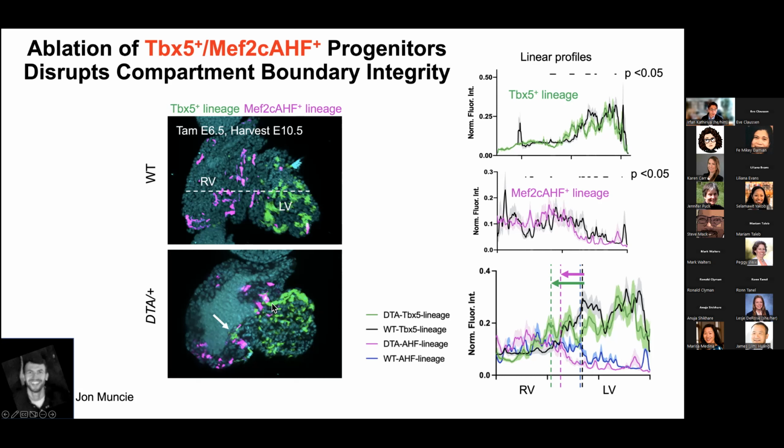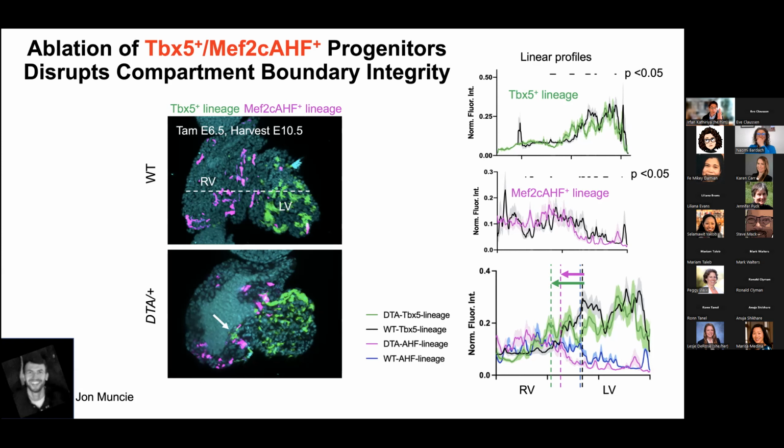And as well, the location of the magenta cells, they are not as far left. They're also shifted to the right, but they're not shifted in synchronization. The TBX5 lineage shifts more to the right, and the MEF2C AHF lineage also shifts to the right, but not to the same degree.